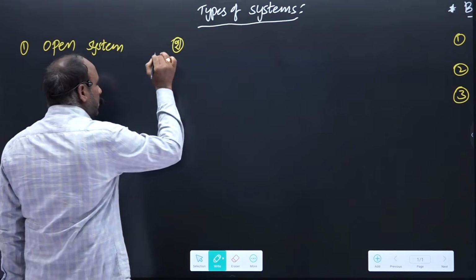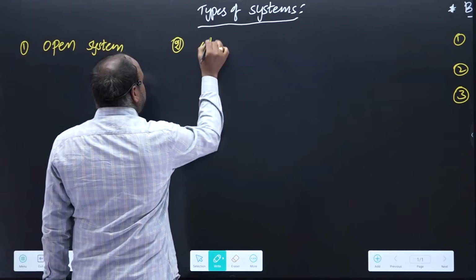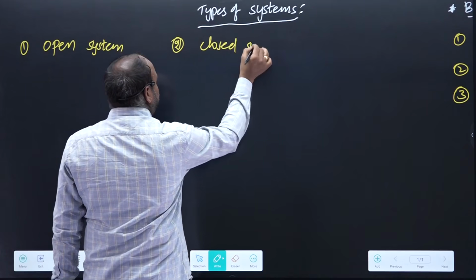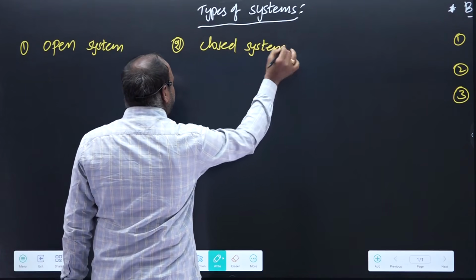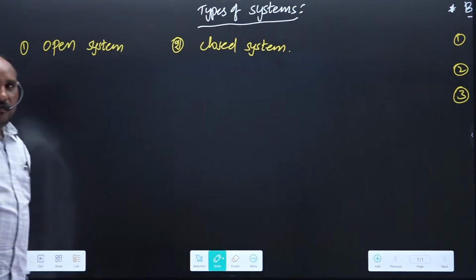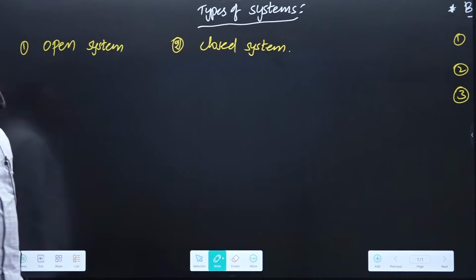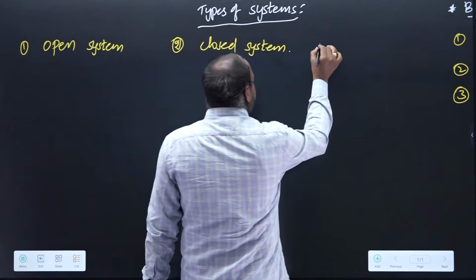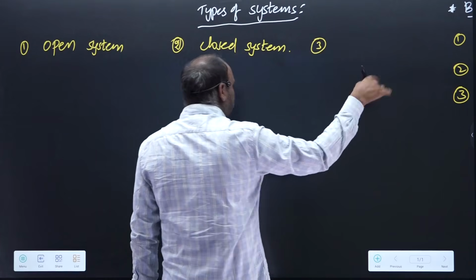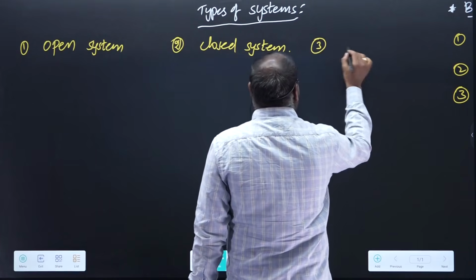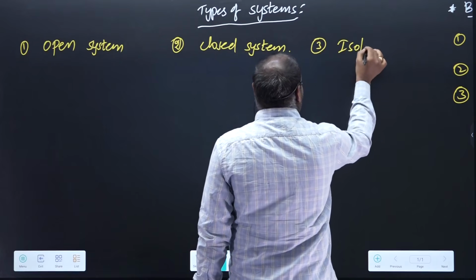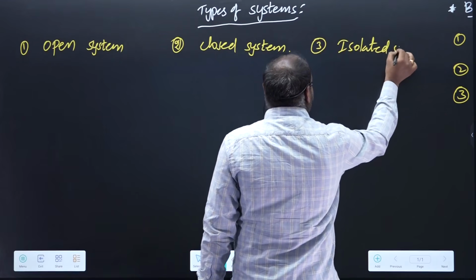Don't write, just listen. Open system, closed system, and the third one, isolated system. We have to understand each and every terminology, because with the help of this only we can move to further depth levels. Without understanding all this, we cannot understand the further levels.